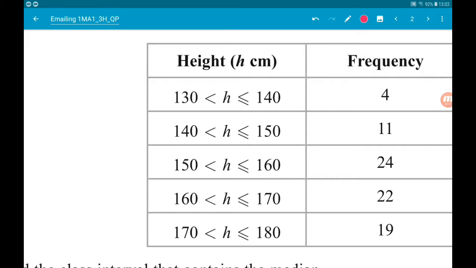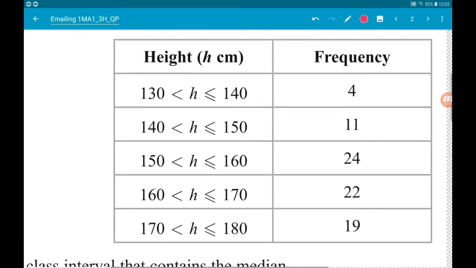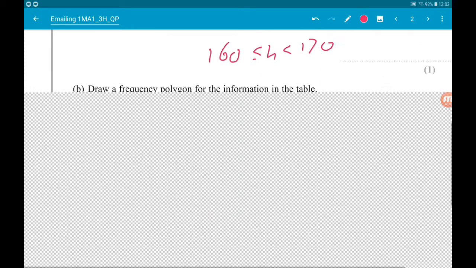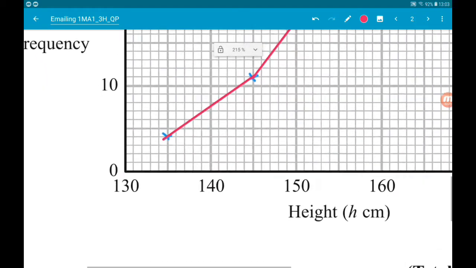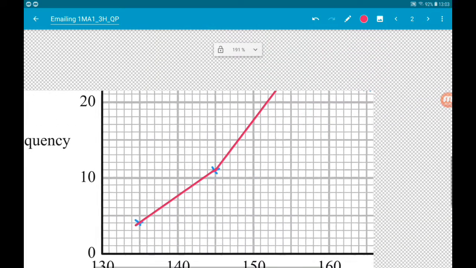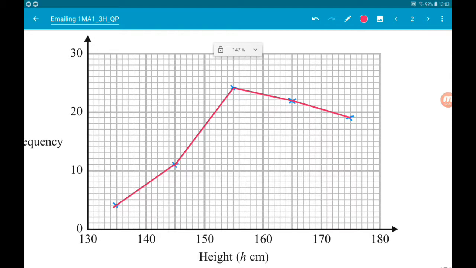So the first point we want to plot, for example, is 135, 4. So that's this point down here. So do that for the rest of the intervals, and you join the points together like this. Don't join the two endpoints together, and don't connect to the axes.